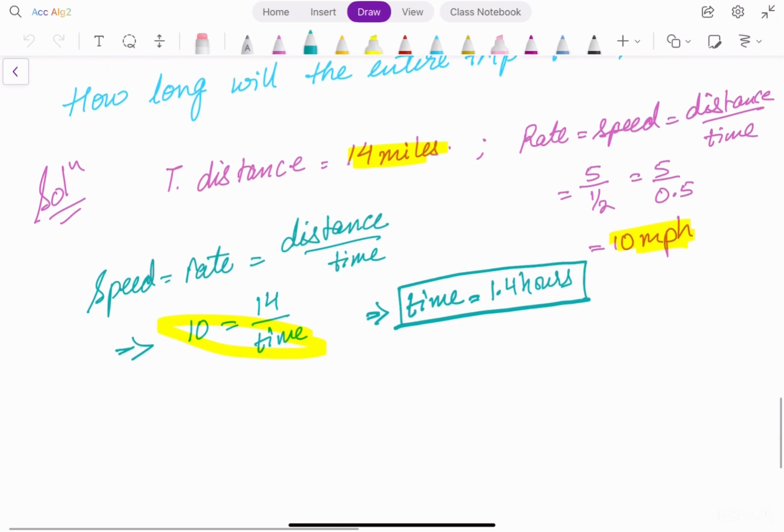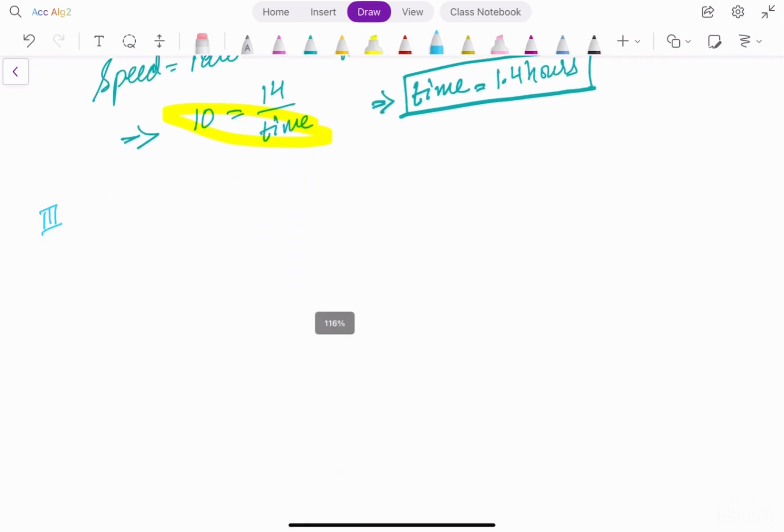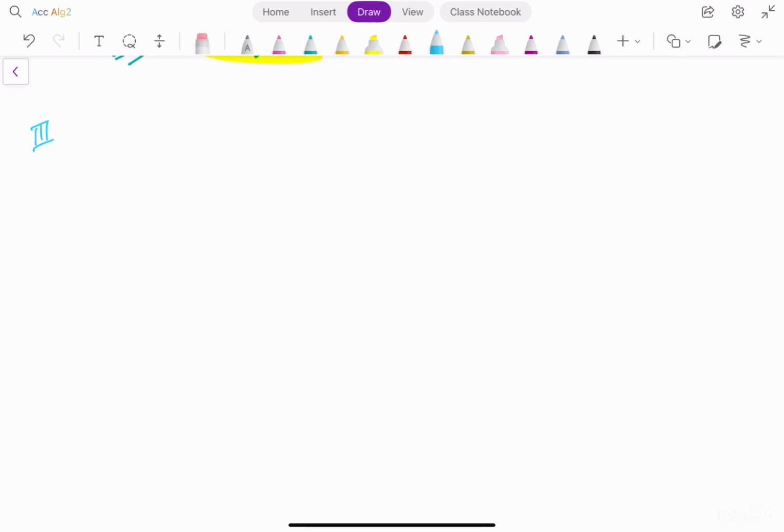Let's take another type of question that is called the interest problem. Understand it a little bit better because it has multiple layers that we need to calculate. Let's take one scenario. The total investment that you made is $5,000, and that investment is done in two different accounts.